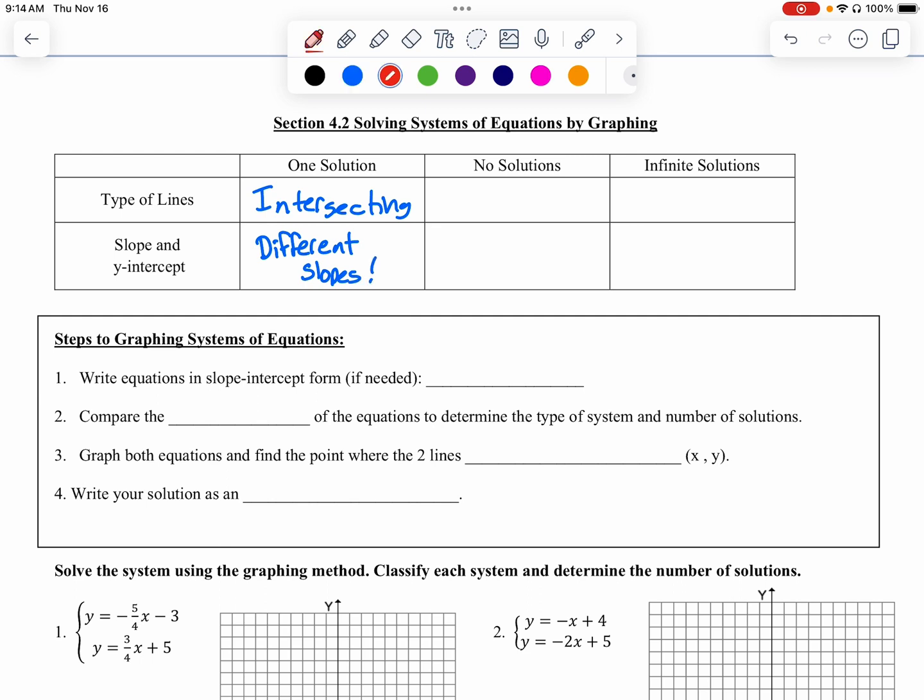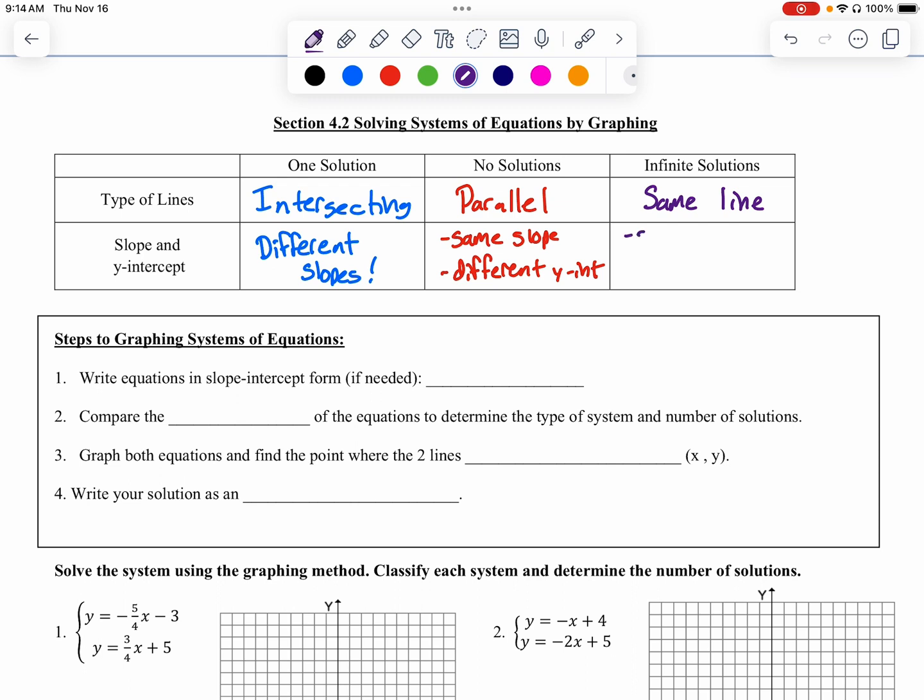No solution are lines that never touch, and lines that never touch are parallel. And parallel lines have the same slope, but different y-intercepts. And then infinite solutions, those are touching everywhere, so they are the same line.